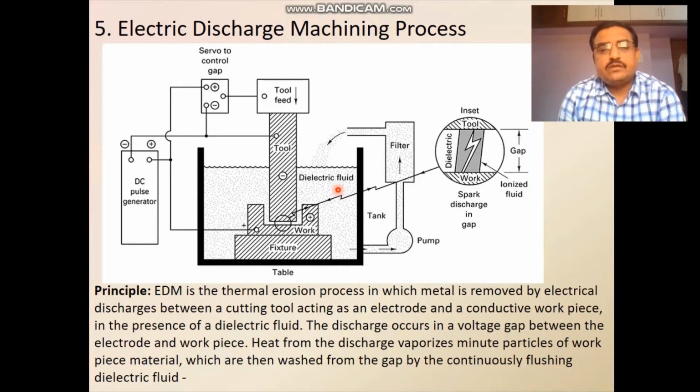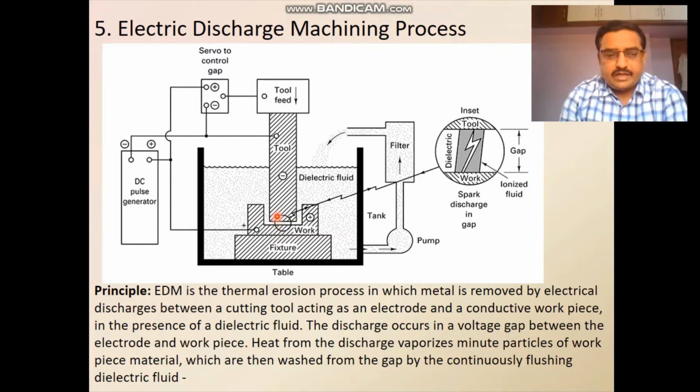The dielectric fluid acts as an insulating medium, so that a very small gap between tool and workpiece is maintained, near about 0.1 mm, with the dielectric fluid in between the electrode and work.